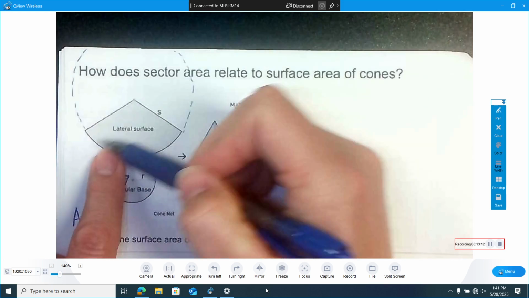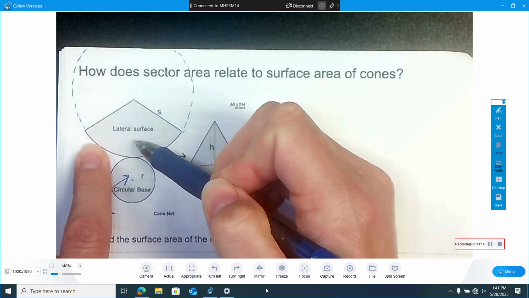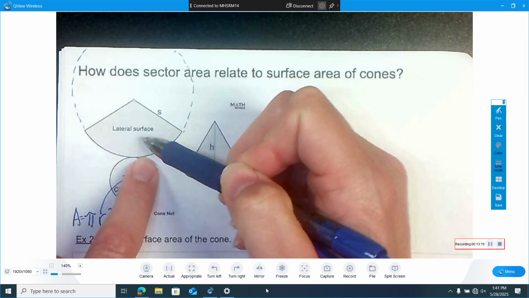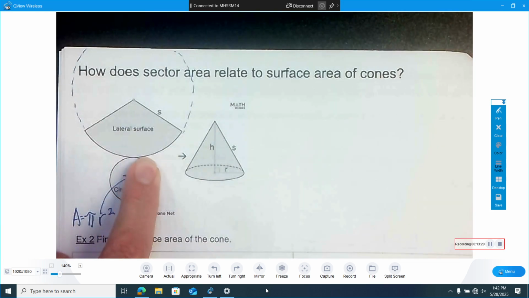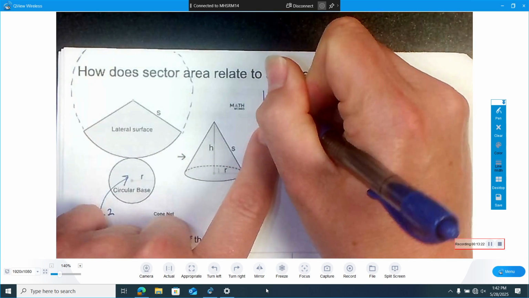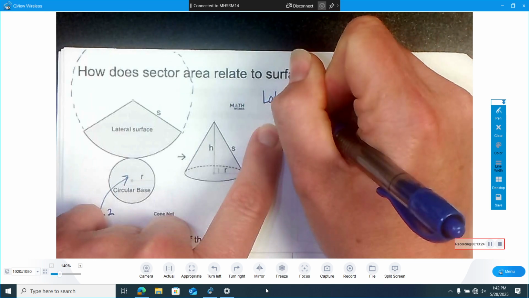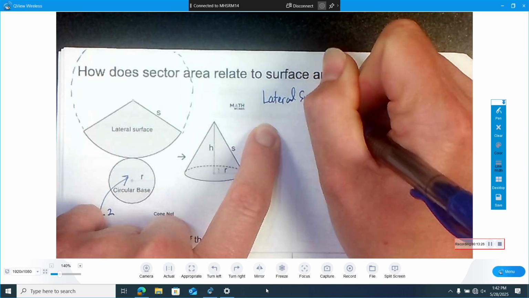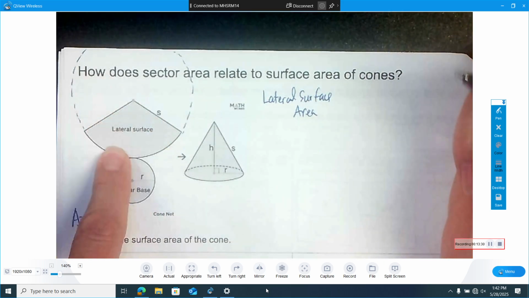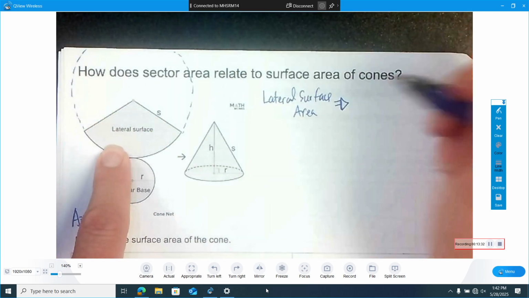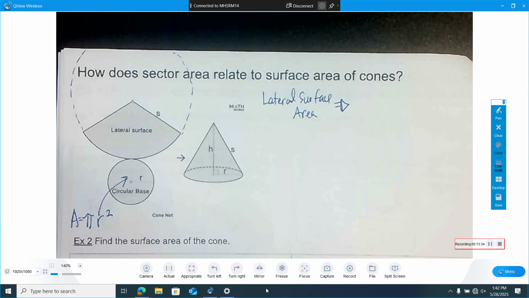But you can see we have this sector area. This is what we just did. And it's part of a larger circle. So to figure out the lateral surface area, which is this portion right here, we're going to basically do what we were just learning.